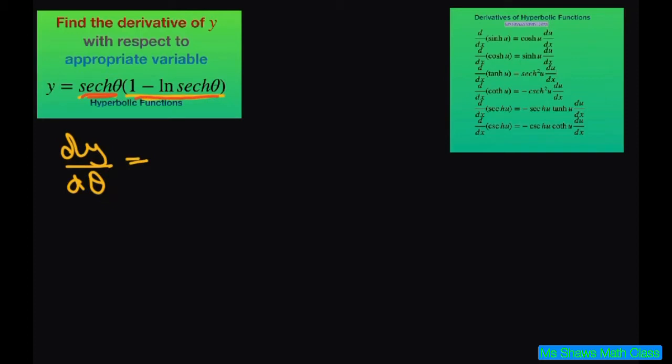So this is just going to be negative 1 divided by hyperbolic secant of theta. And then we're going to multiply this by the derivative of hyperbolic secant, which is negative hyperbolic secant of theta times hyperbolic tan of theta.